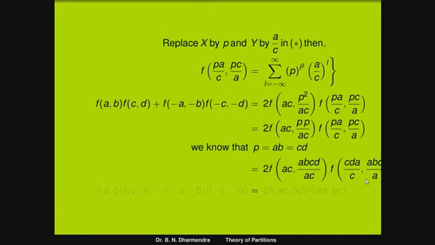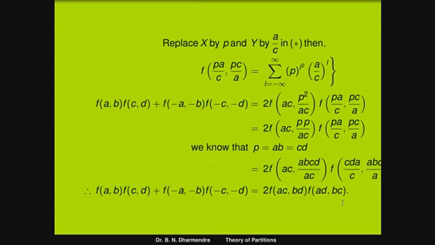Therefore the result is f of a comma b into f of c comma d plus f of minus a comma minus b into f of minus c comma minus d is equal to 2 times f of ac comma bd into f of ad comma bc. So hence that is the first result.